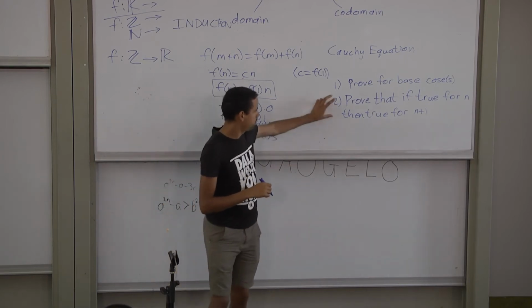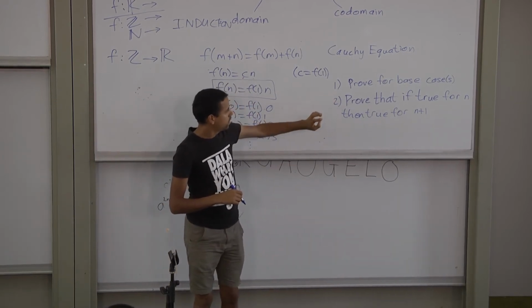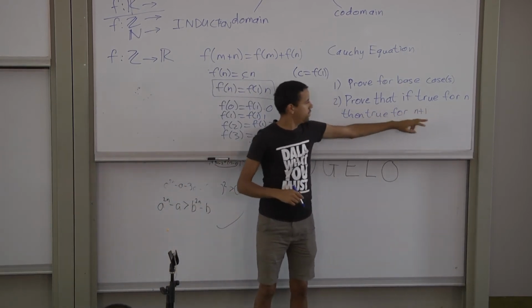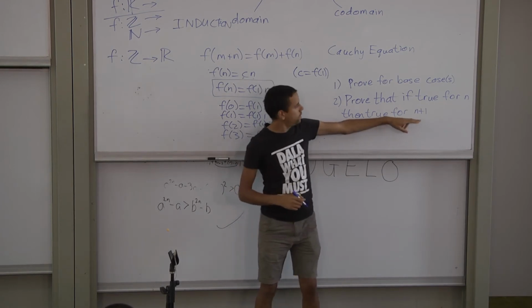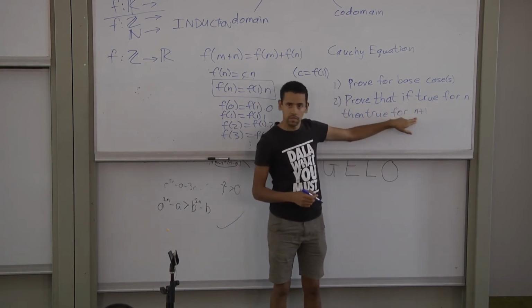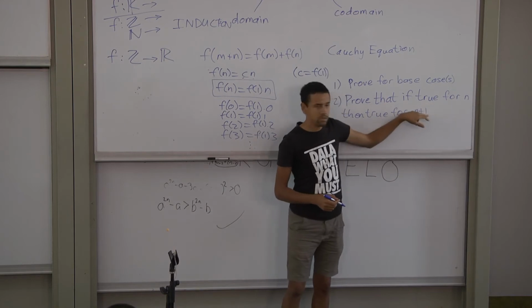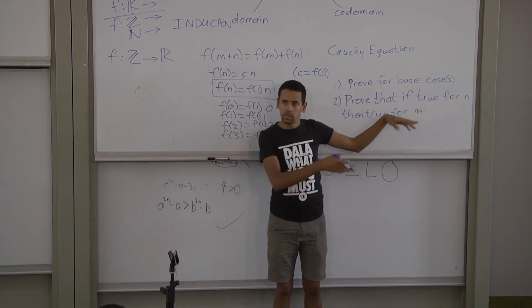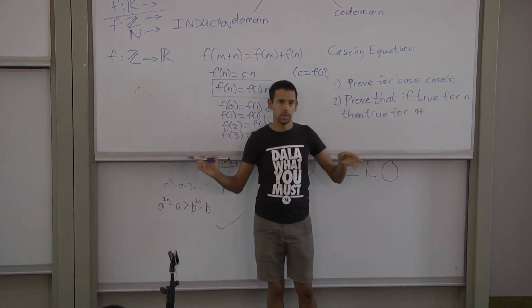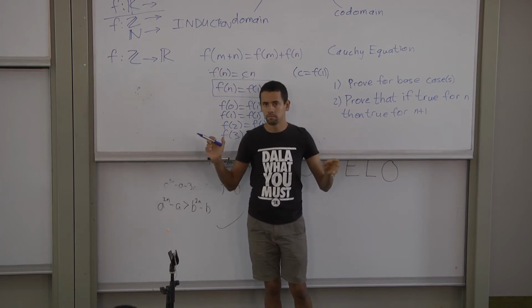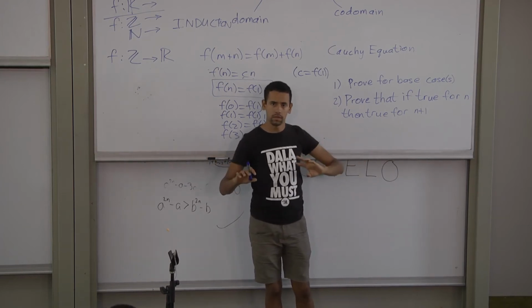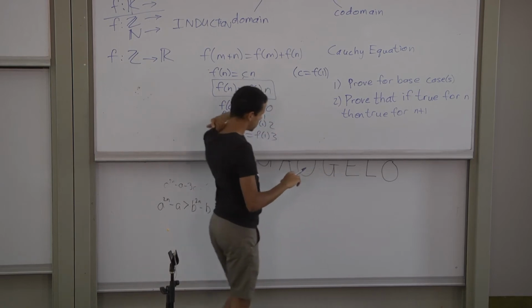So this is the more general case. You're proving that if it's true for 5, then it's true for 6. And if it's true for 6, then it's true for 7. If it's true for 7, then it's true for 8. And in this way, you cover all the natural numbers. And that's how induction works.